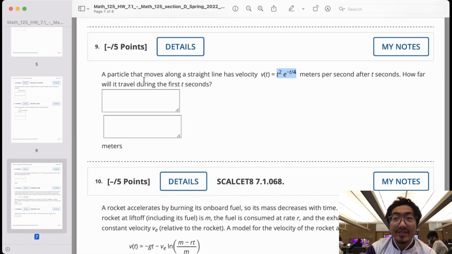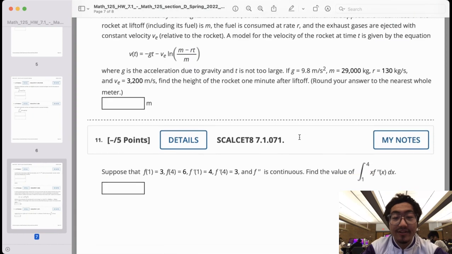This is the total distance traveled, so you need the integral of the absolute value of v(t) dt, which is the total travel, not the total displacement. Find when this is equal to 0, define those function integrals, and use the net change theorem.